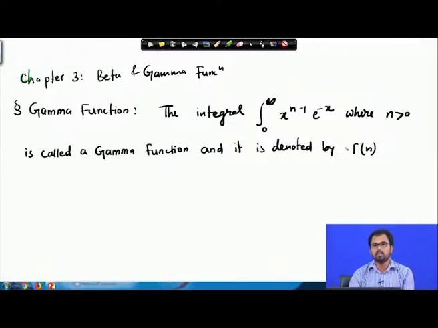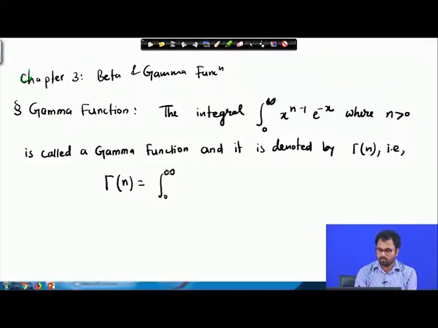This is the Greek letter capital gamma. That is, we write gamma n equals the integral from 0 to infinity x to the power n minus 1 e to the power minus x dx, where n is a positive real number.